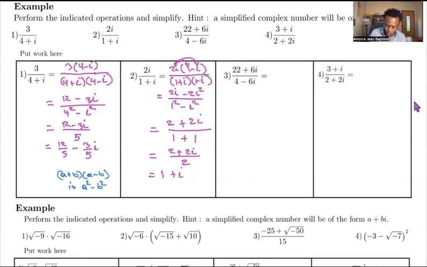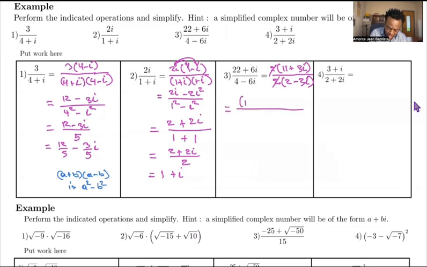Next problem. I'm looking at 2 as a common factor here, so I can factor the 2: 2 times 11 plus 3i. Same thing here: 2 times 2 minus 3i. That cancels the 2. And then I'm going to multiply top and bottom by the conjugate of the bottom.